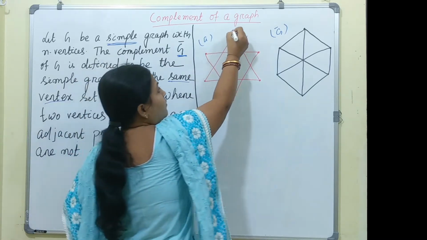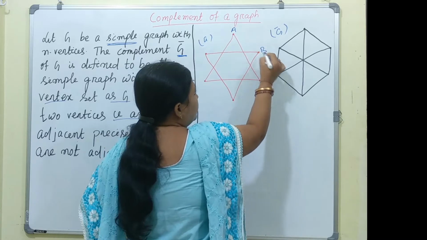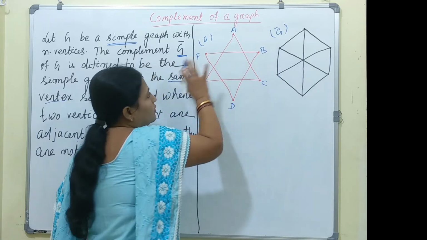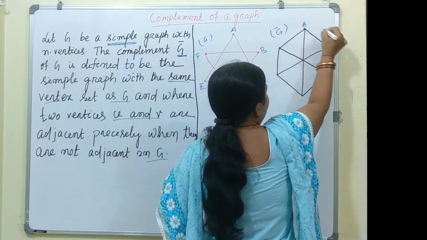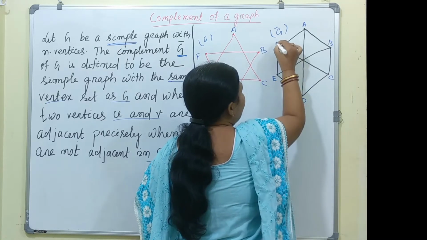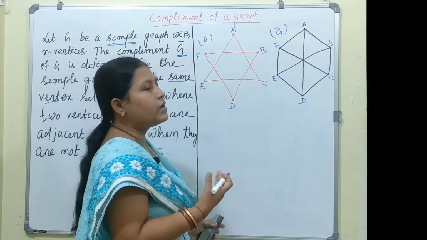See this graph, naming the vertices A, B, C, D, E, F. There are 6 vertices, and here also A, B, C, D, E, F. So the number of vertices in the two graphs is the same.